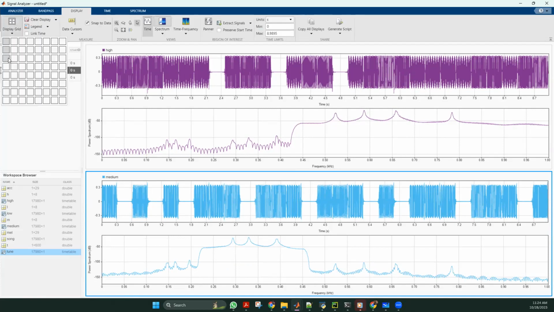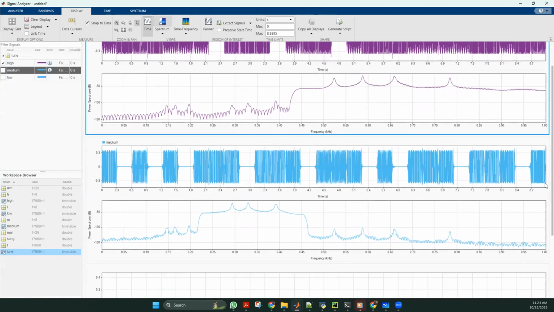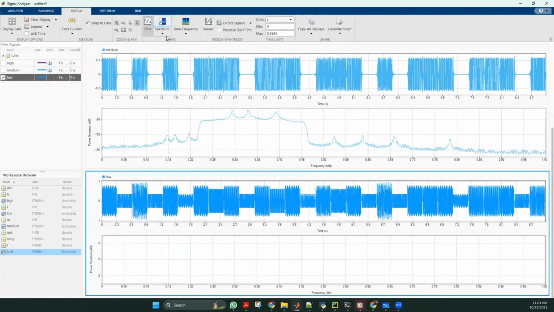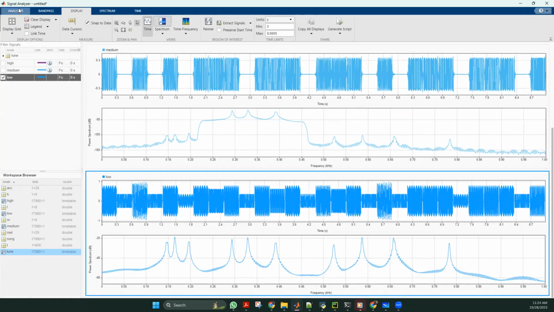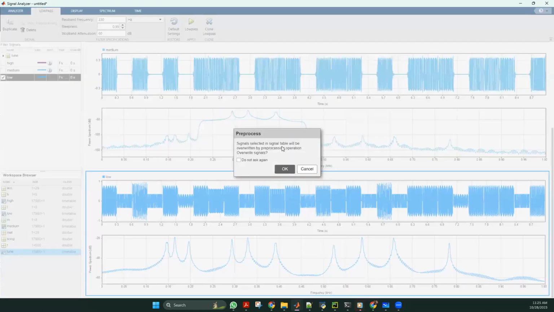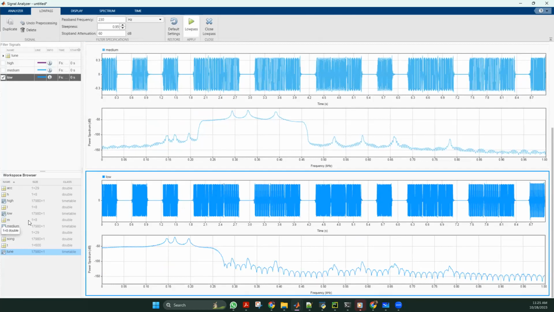And then the third filter I will add as low pass filter, and that low pass filter plot I will select. Then I will select low here, and then I will select spectrum on top, and then again I will select the low pass filter option, and then I will select the passband frequency as 230 hertz, and then I will give the steep value as 0.5, and select low pass, and then I can do the low pass filtering on that signal.